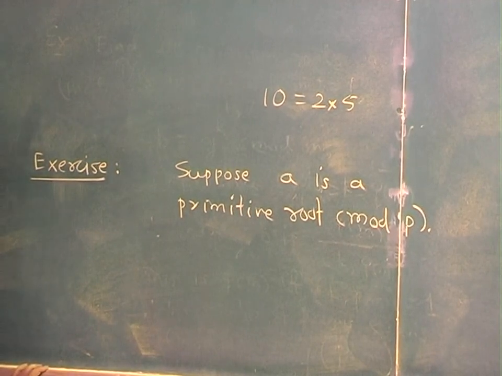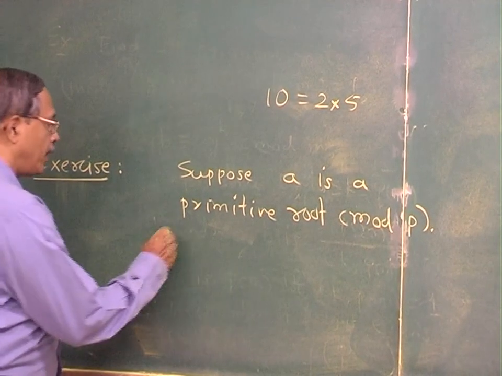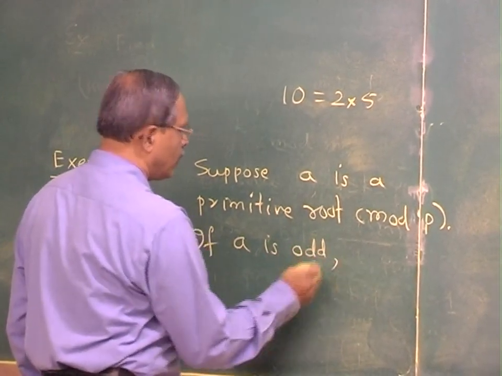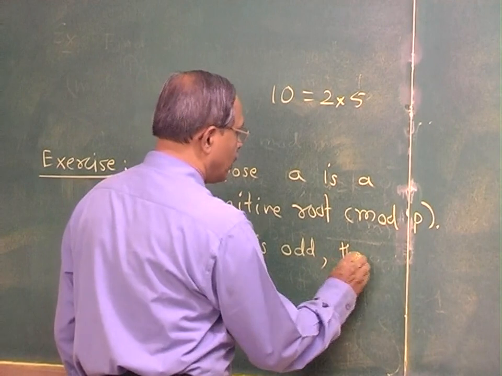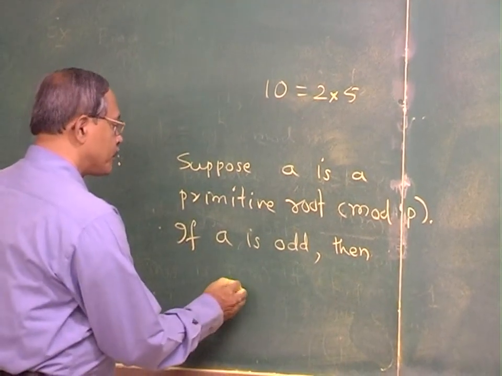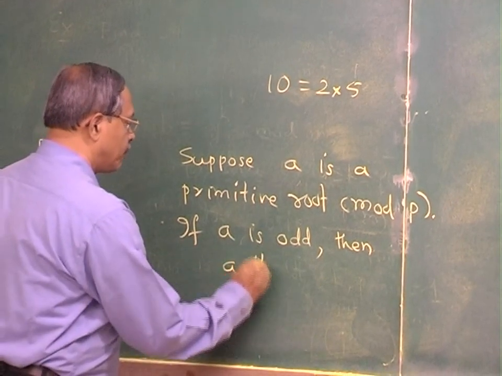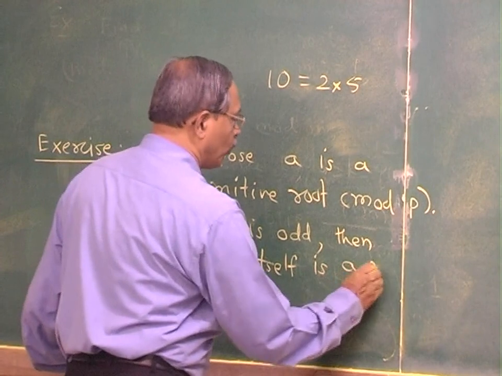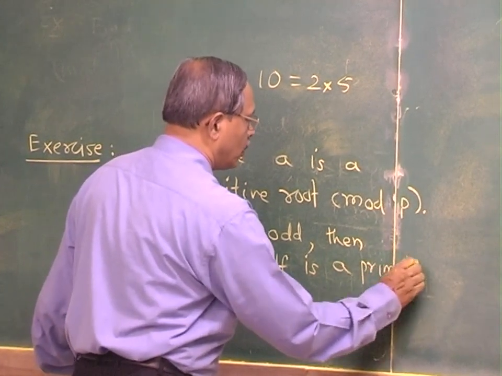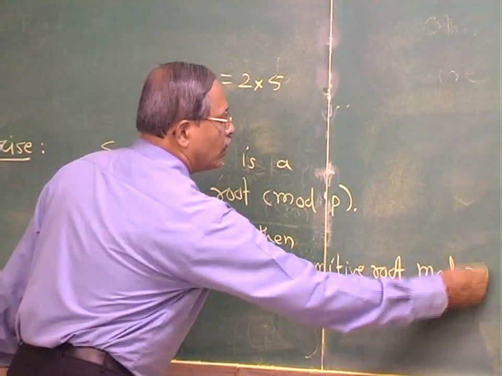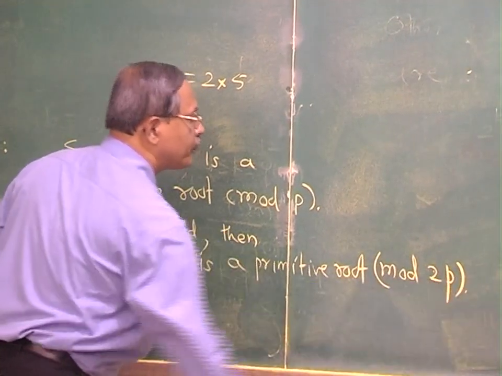But the requirement for that is A should be odd. So if A is odd, then A itself is a primitive root mod 2p.